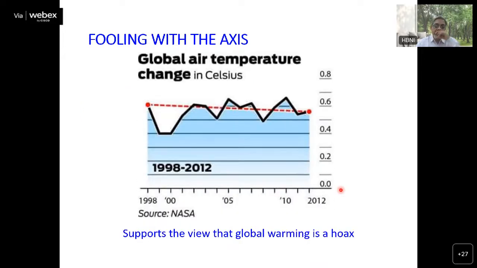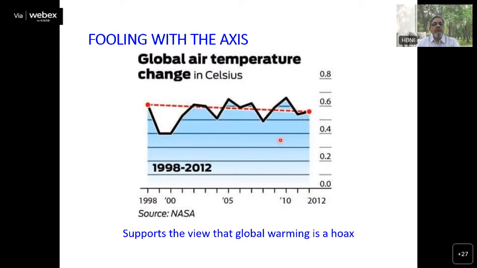Another example is this global warming curve. It shows that, from this point to this point, the global air temperature change actually has come down as a function of time. But the problem is that it is showing data only from 1998 to 2012.